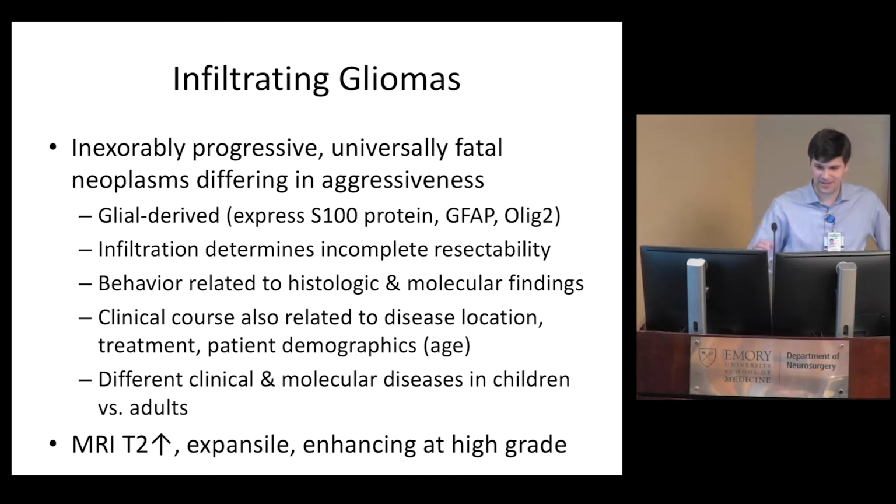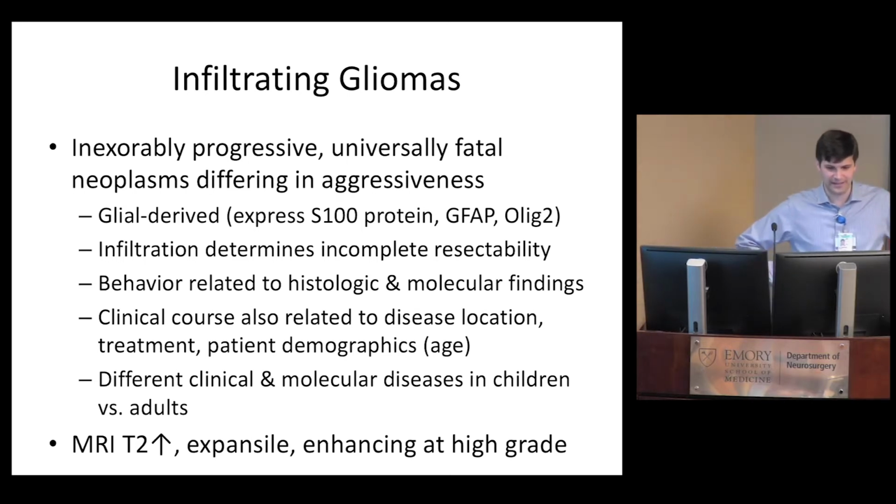So let's kick it off with infiltrating gliomas. As you're well familiar with, these are inexorably progressive, universally fatal neoplasms that differ in aggressiveness. I would put an asterisk there: inexorably progressive and universally fatal neoplasms in adults.